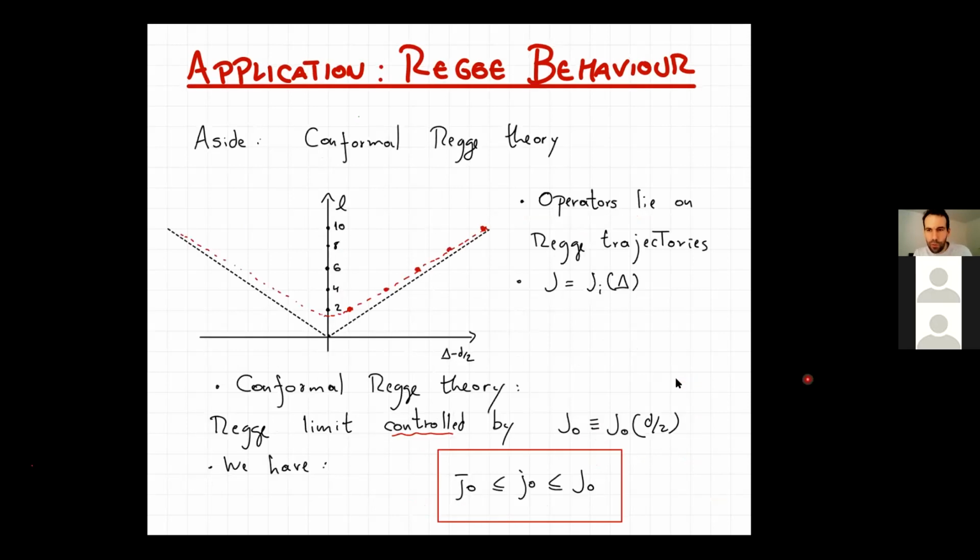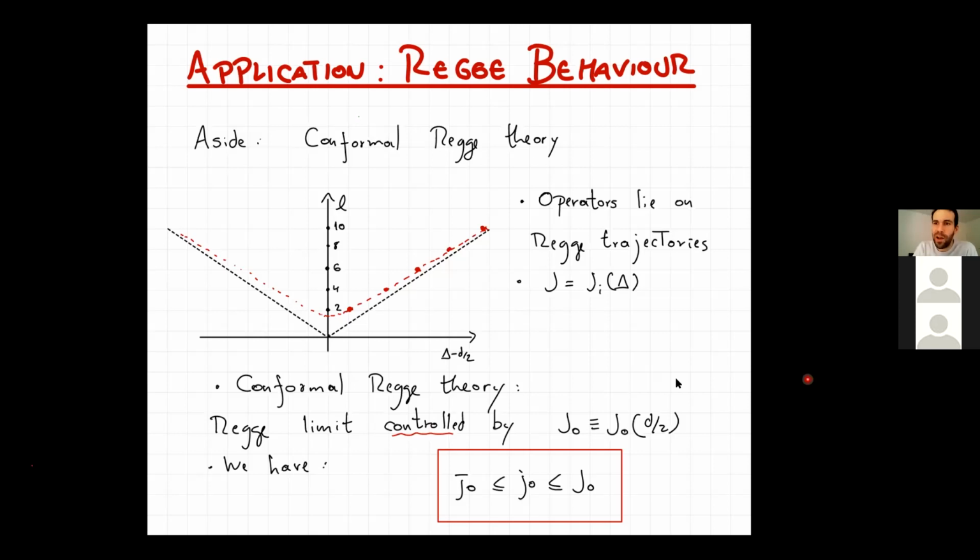For those of you who know a bit about conformal Regge theory, let me just link what I'm saying to that story. Conformal Regge theory is the work of Penedones, Costa, Cornalba, and then there are also contributions by Simmons-Duffin, Kravchuk, Caron-Huot, and so on. Basically, it's the statement that in a CFT, operators will lie on Regge trajectories.